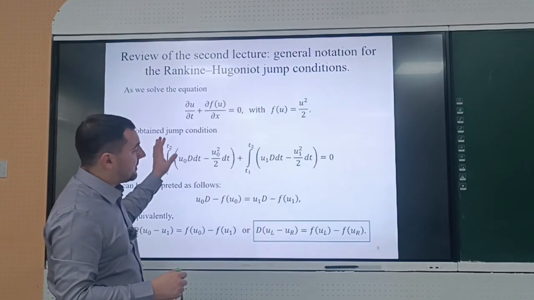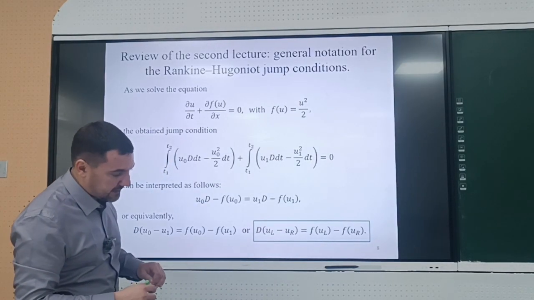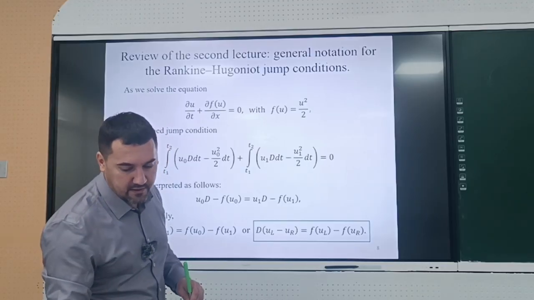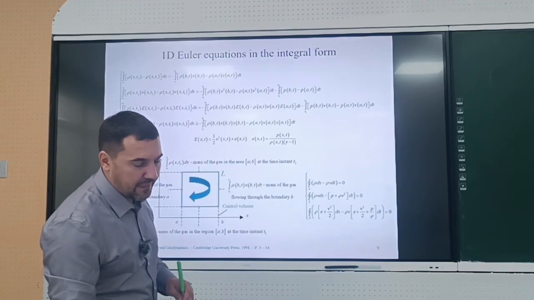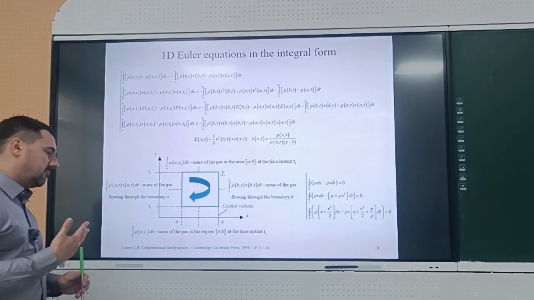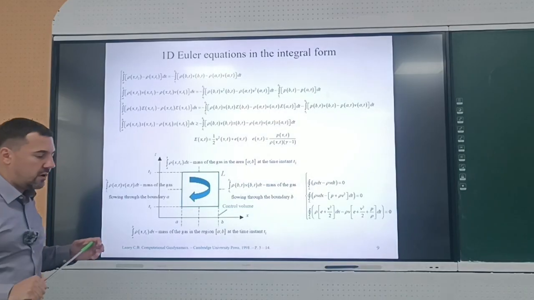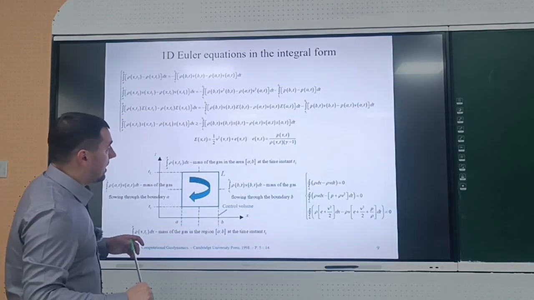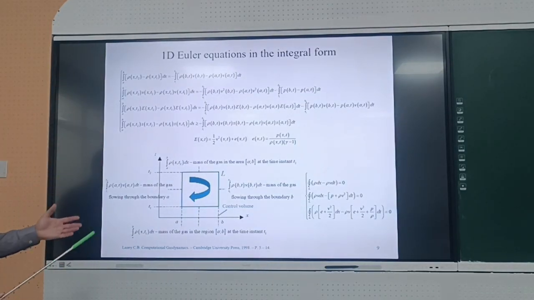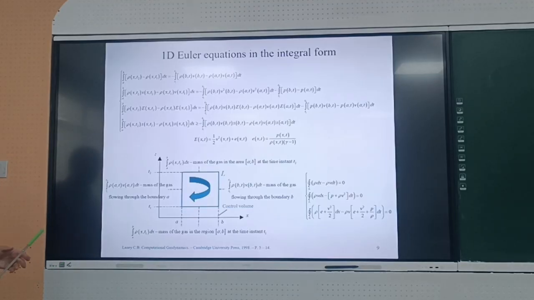So all this was obtained for a scalar conservation law, just for one equation. But now we would like to do the same things for the Euler equations. For that, we should also use the integral form of the Euler equations.